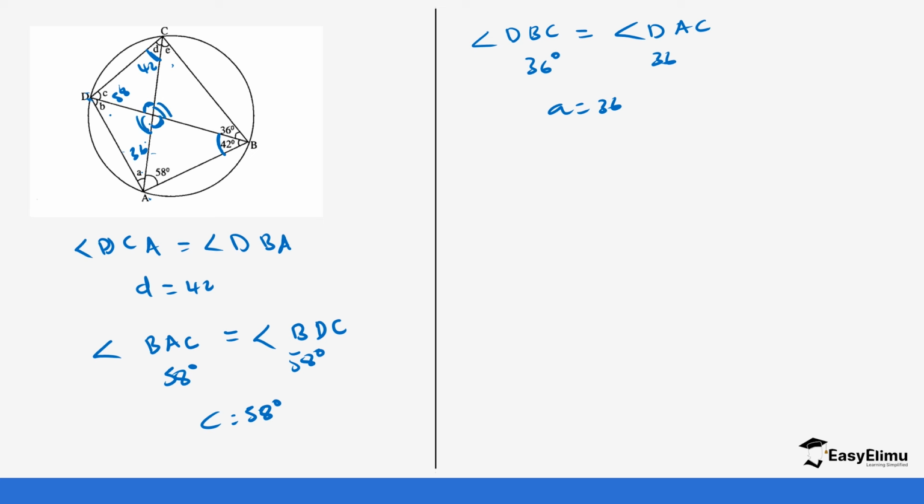These two angles are the same. They form the angles at a point. So we're going to say 58 plus 42, which gives us 100. Remember this angle here is going to be 180 minus 100, which gives us 80. So this is 80.